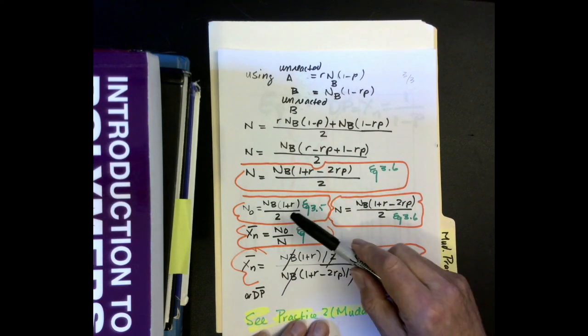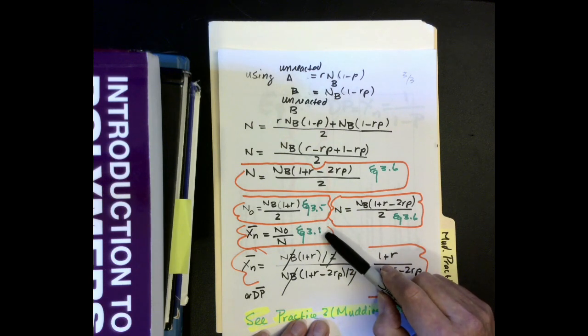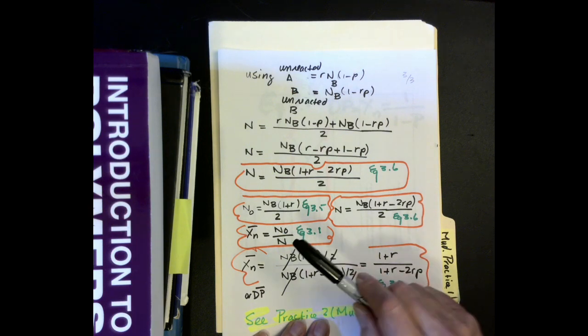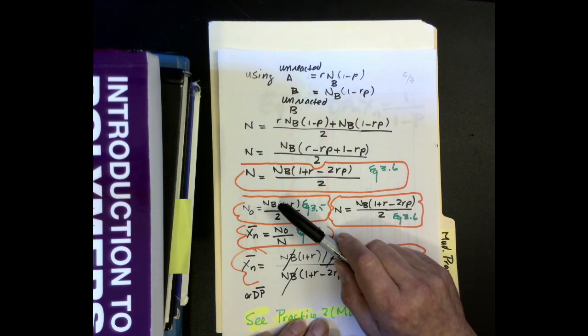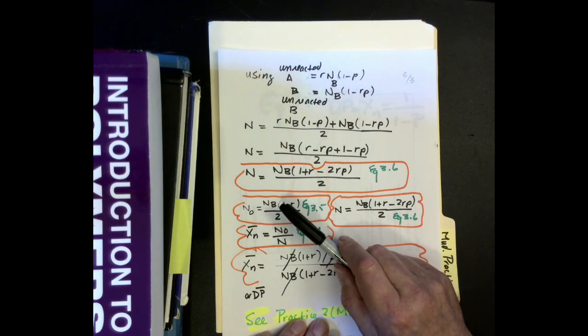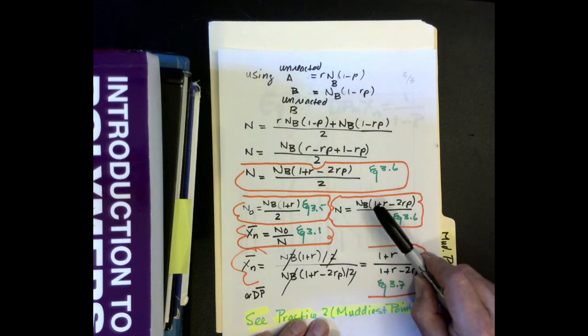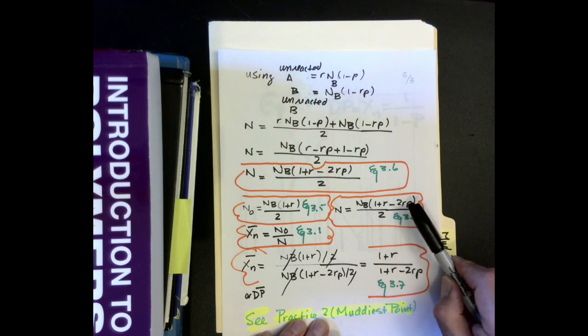Now we have a bunch of them, and we're going to combine them. We had equation 3.1 at the beginning, N0 over N, initial and remaining. N0 we just calculated in 3.5 as Nb (1 plus r) over 2. Equation 3.6 is Nb (1 plus r minus 2rp) over 2.